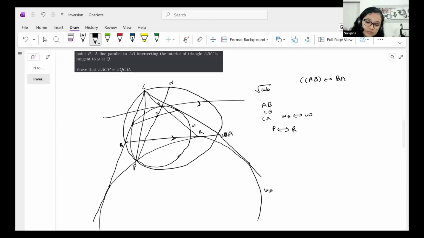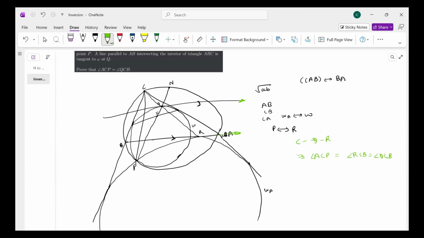So now you're looking at the circle tangent to this line and CA and CB, and also the circle tangent to this line, CA and CB, so they must be homothetic at C. So therefore you have C, Q, R collinear, and then angle ACP is equal to angle RCB, which is equal to angle QCB.